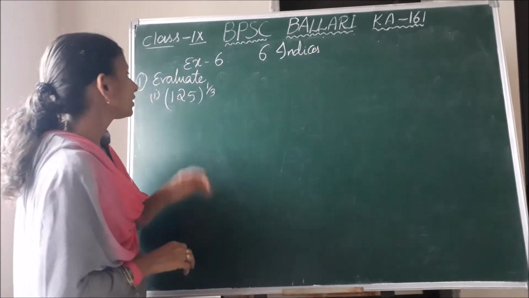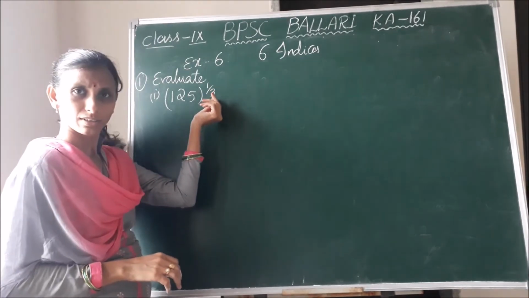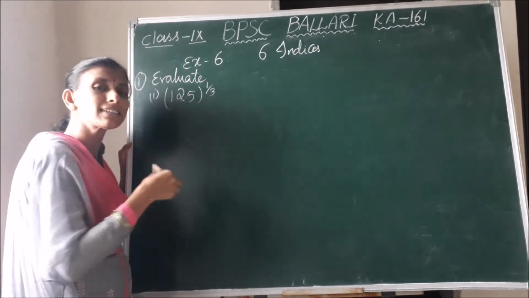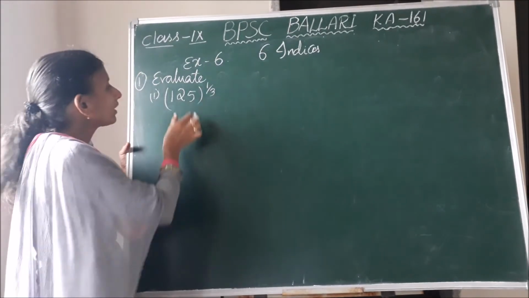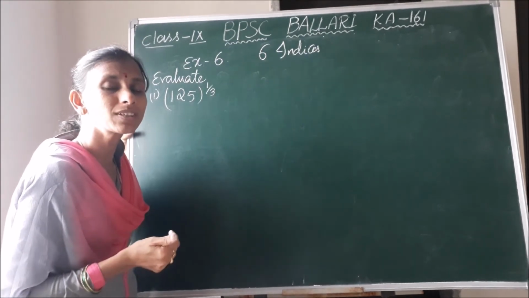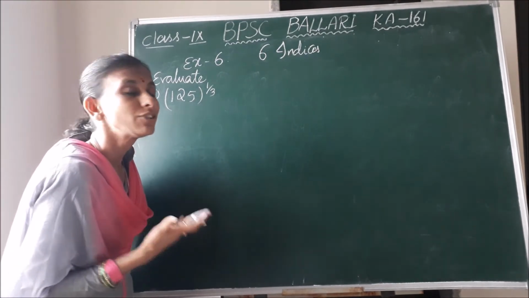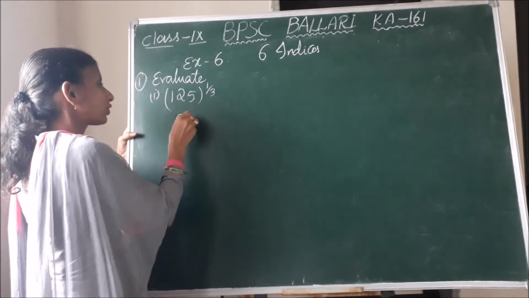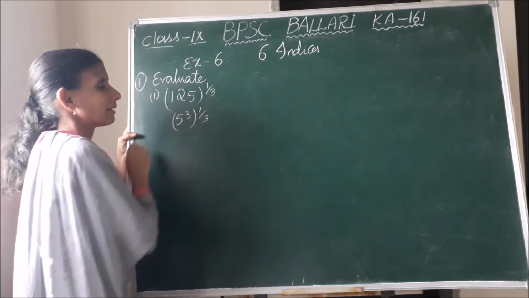So now here, as the denominator is in a cube, we have to check, can we make this base in terms of 3? So 125 if we take, we can write it in terms of cubes of 5. So 5 cube is 125. So 5 cube whole power 1 by 3.